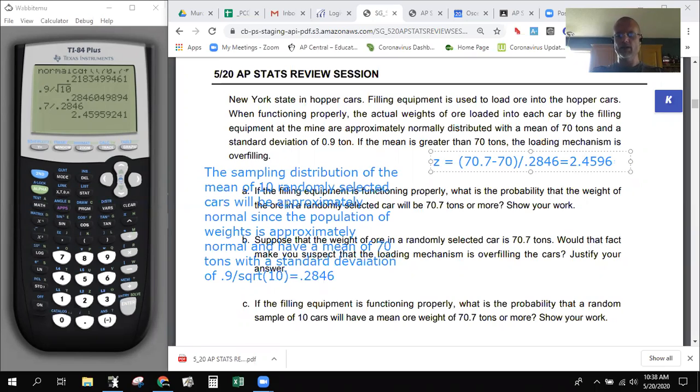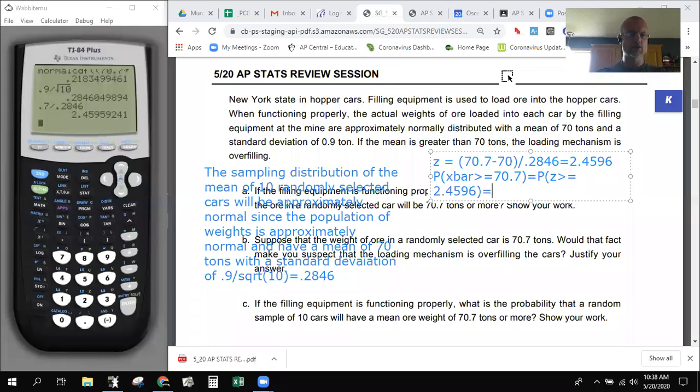So this is 2.4596. So now the probability that X bar is greater than or equal to 70.7 is equal to the probability that we'd find a z-score in the normal distribution that's greater than or equal to 2.4596, which is equal to, and now I'll go over here and do my distribution.